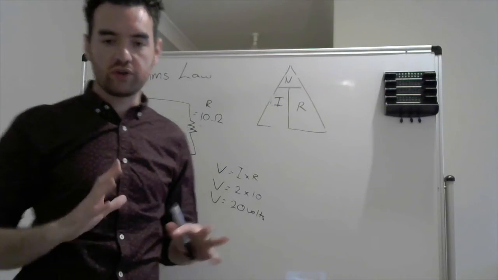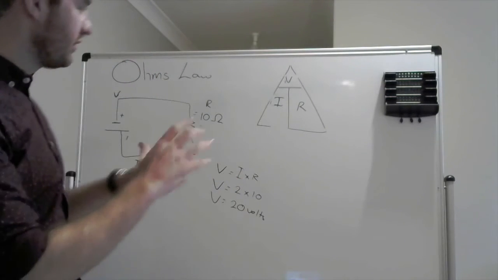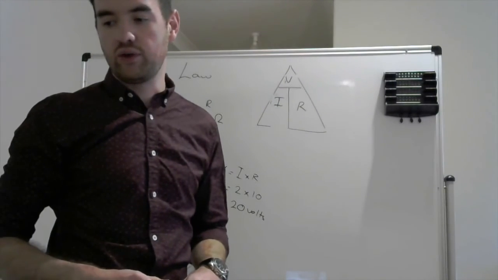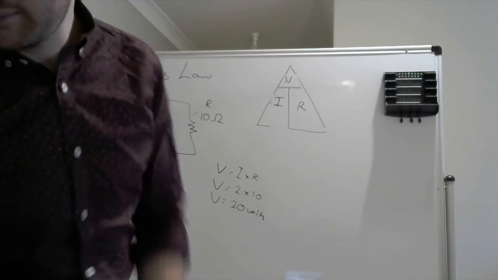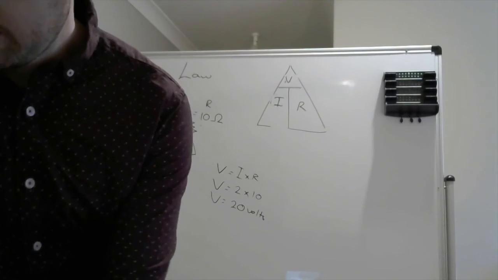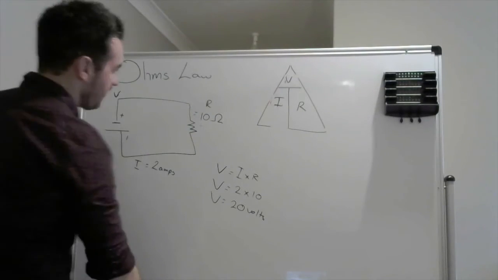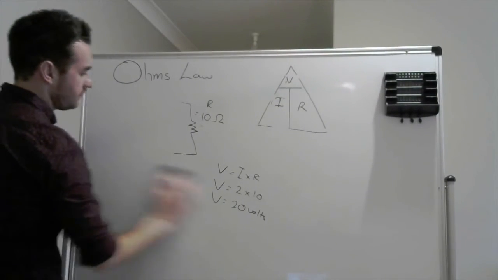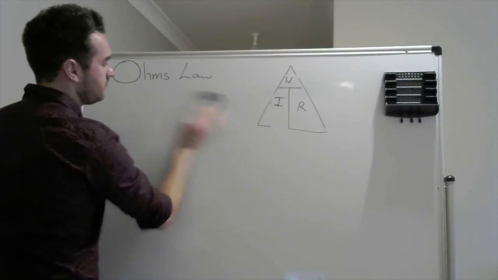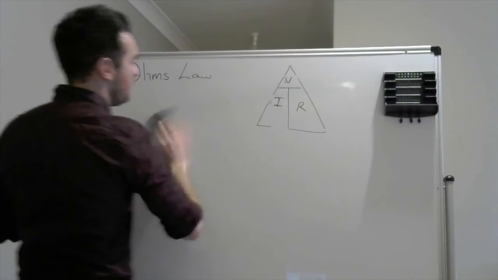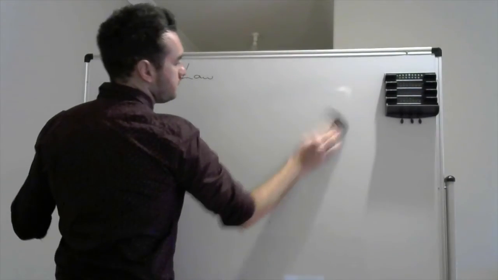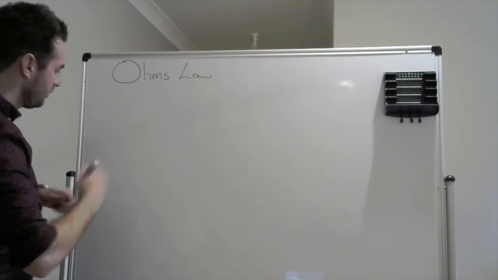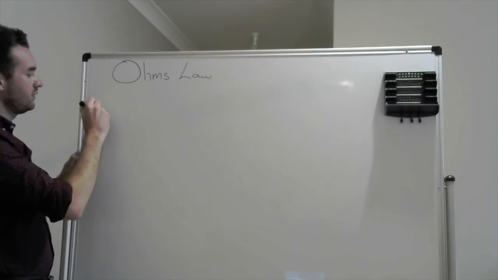Just to show how this law works. So we're going to do one more example, a bigger example that I want you guys to maybe draw a table in your books. So what have we got here? Okay, so I'm going to do a very small circuit over here.